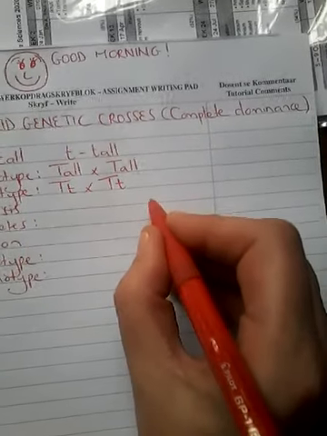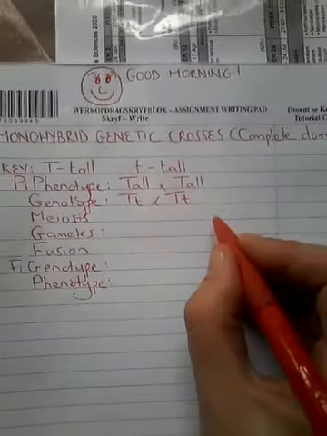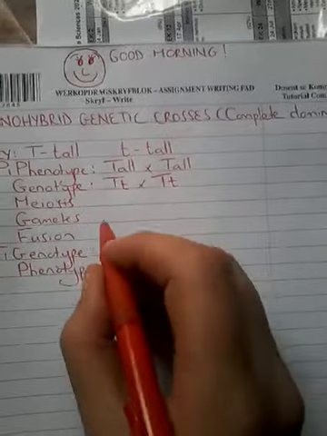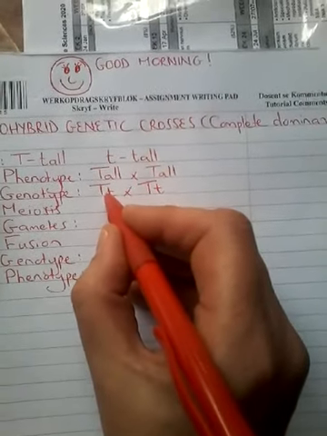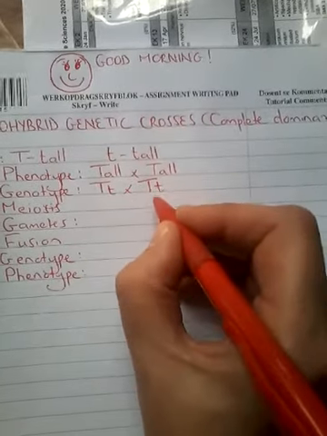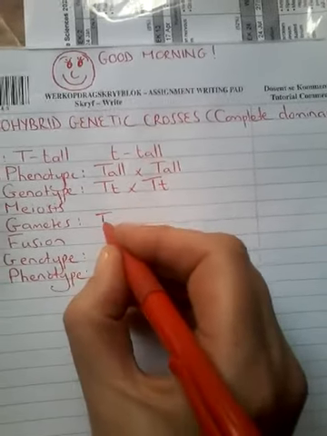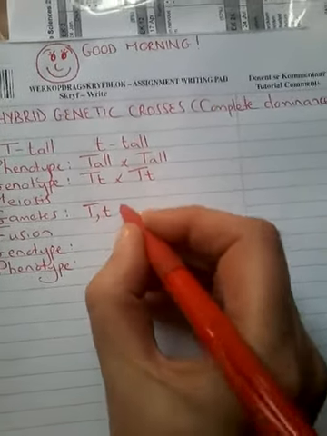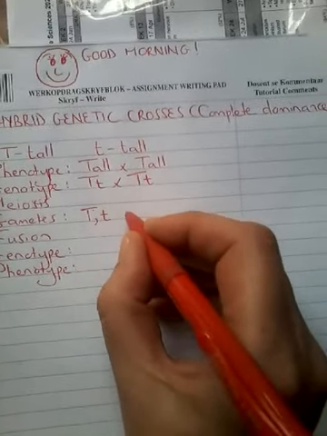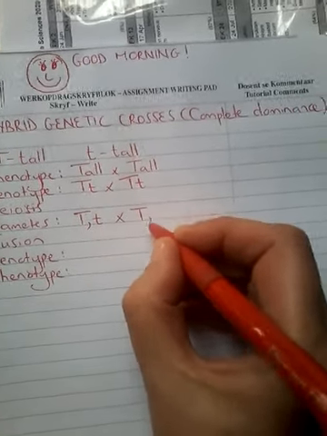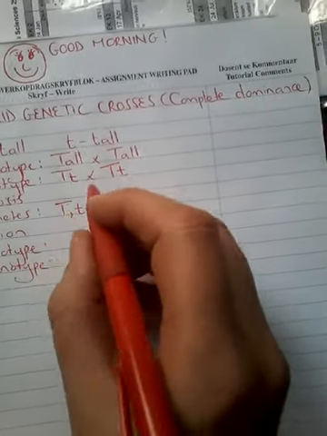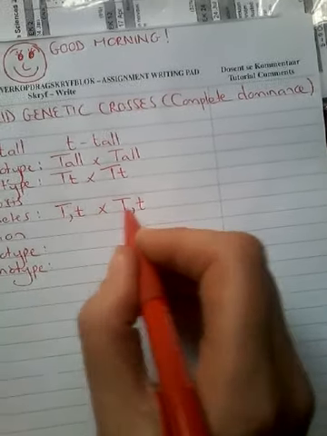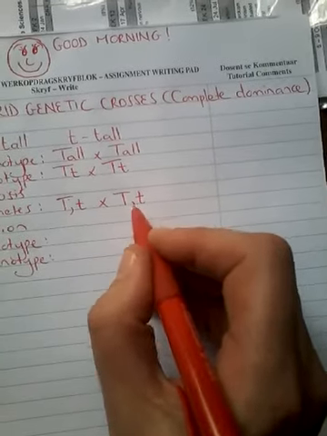Now remember meiosis, we leave open. The gametes, remember through meiosis, our two alleles will get split. So we write T, comma t, times capital T, comma t. We now have 4 separate gametes.